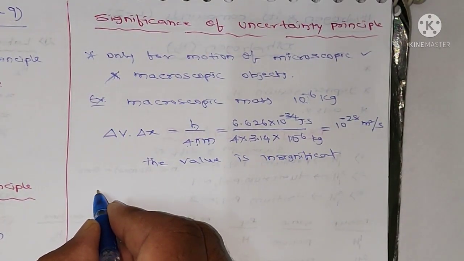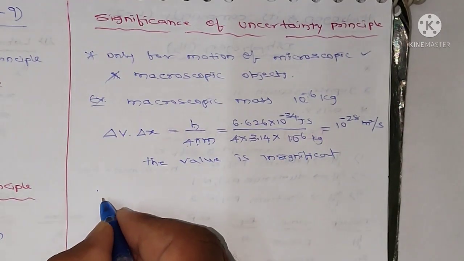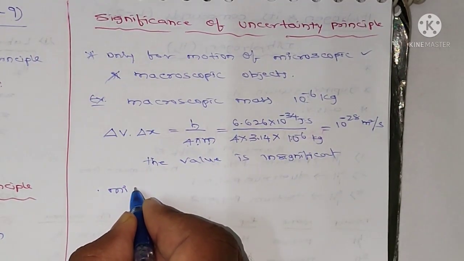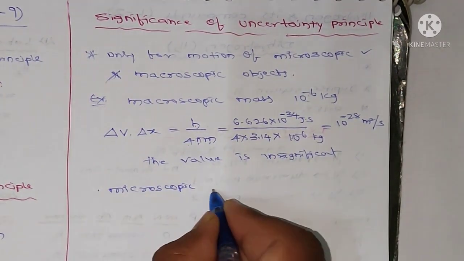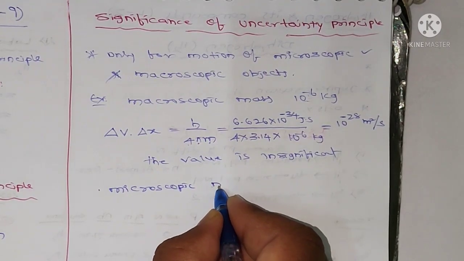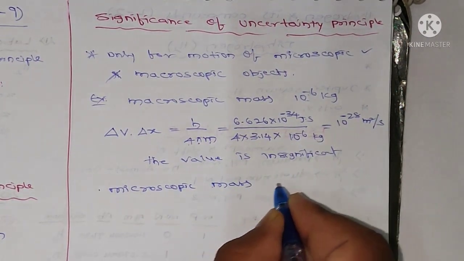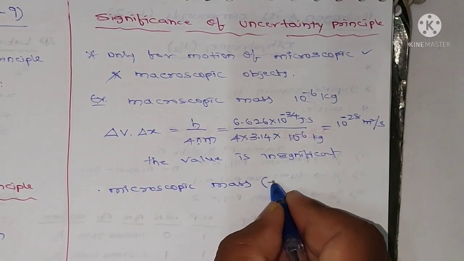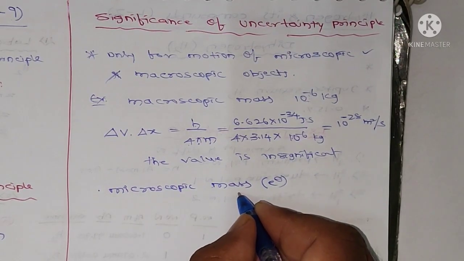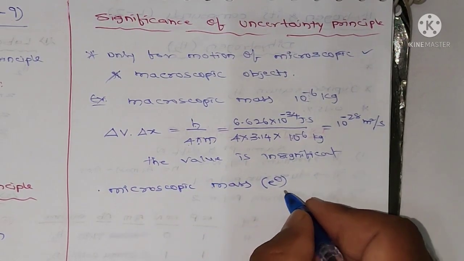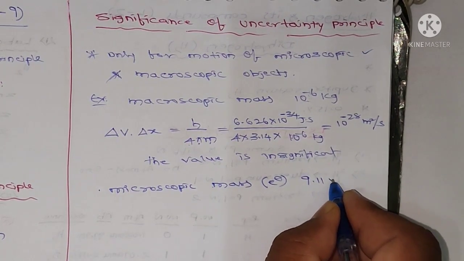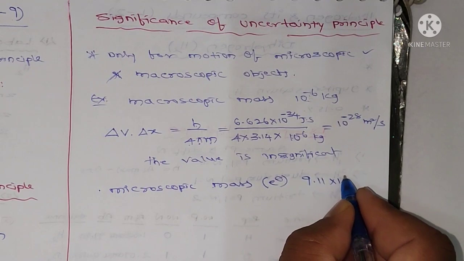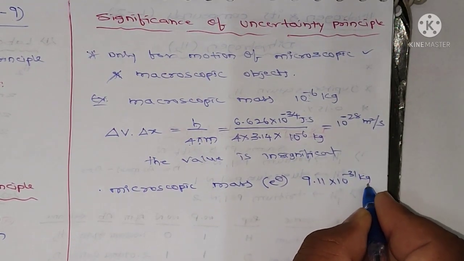And for example, for a microscopic object, I am taking electron. Electron is a microscopic particle. So the electron mass is 9.11 into 10 to the power of minus 31 kg.